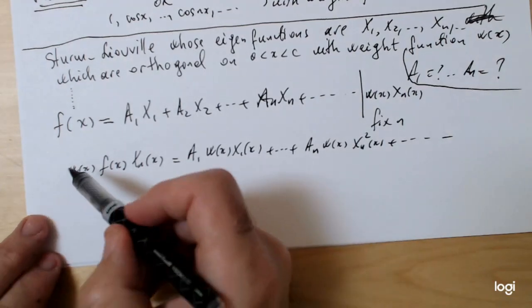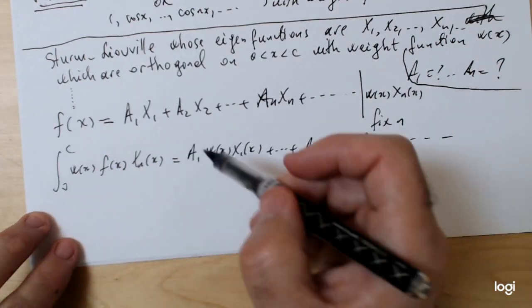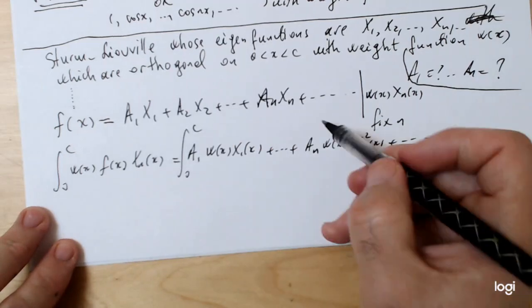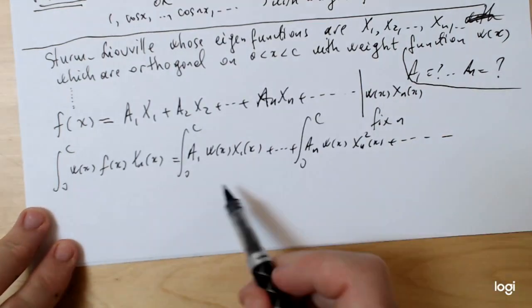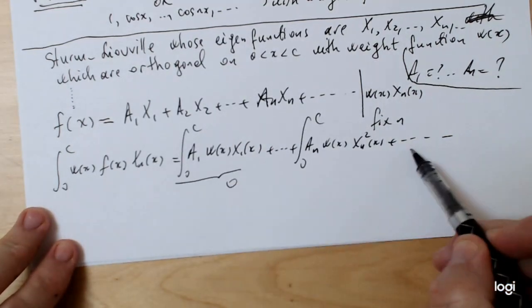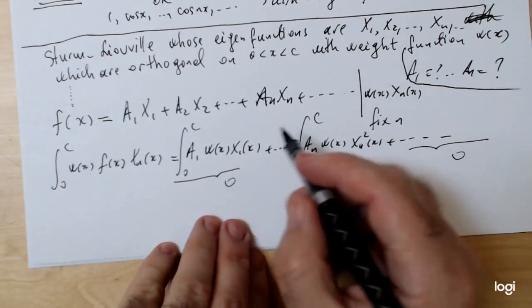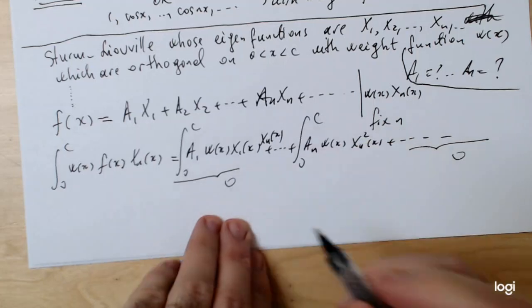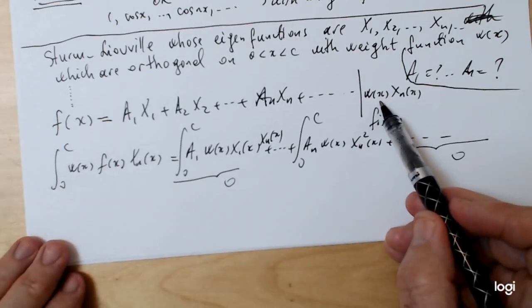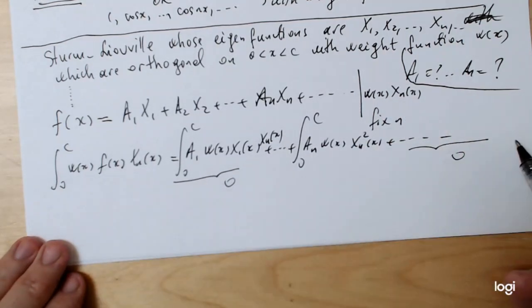And then when we take the integral on the interval 0 to c, again, all of these integrals are 0. This is x1 of x times xn of x, I forgot, right? Because you multiply by w of x, xn of x everywhere here.